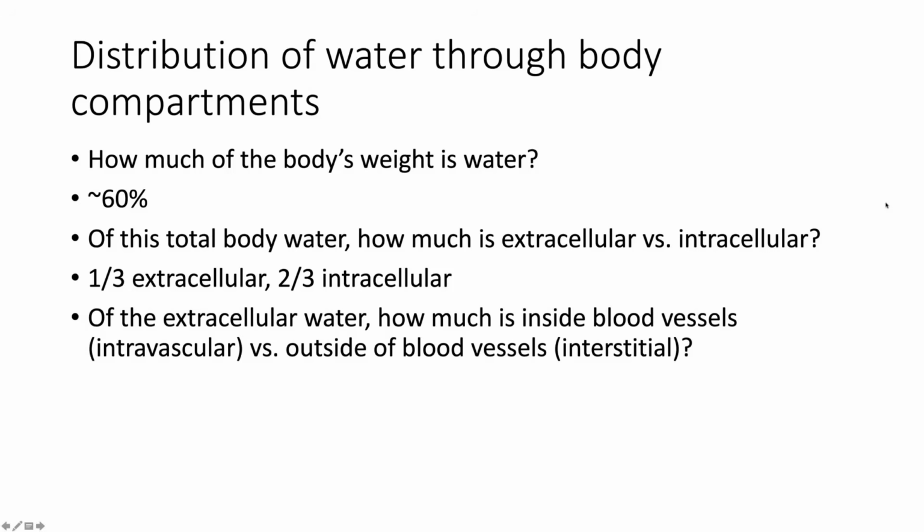Think of how much stuff you have dissolved in your body, right? Everything in your intracellular and extracellular space is isotonic, right? So do you think you have more things dissolved inside of cells, where all the enzymes and everything are, or more things dissolved outside of cells? I would say inside.